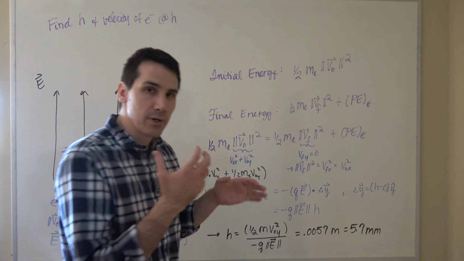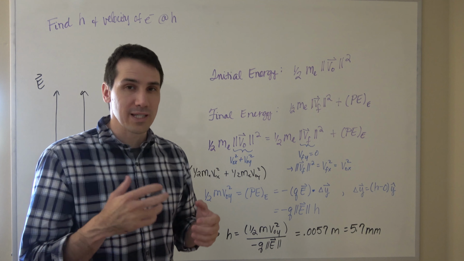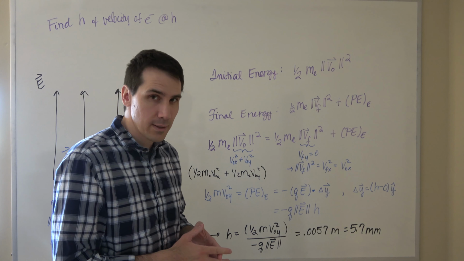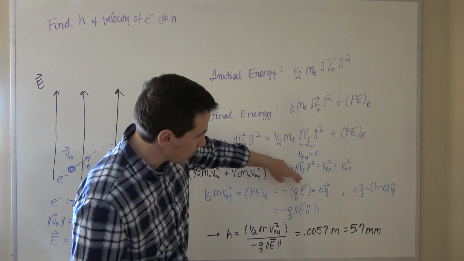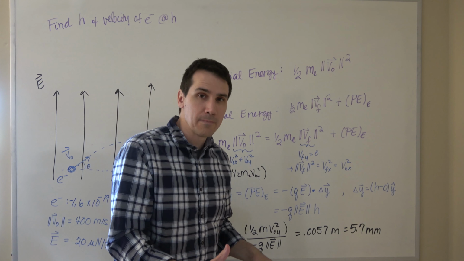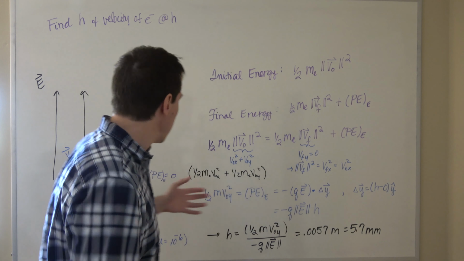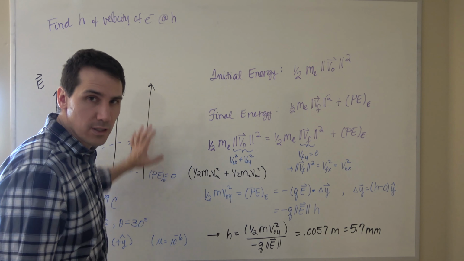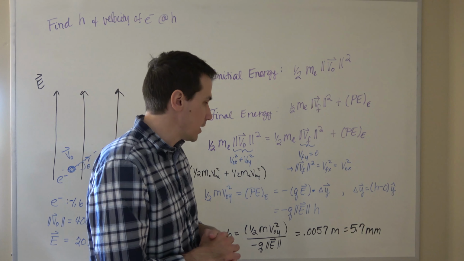We can use our equation, which is the change in potential energy equals the negative of the work done by the electric field, where we are taking the dot product of the force with the displacement in y. Again, we don't care about displacements in x, only displacements along the direction of the electric field actually contribute to changes in potential energy.